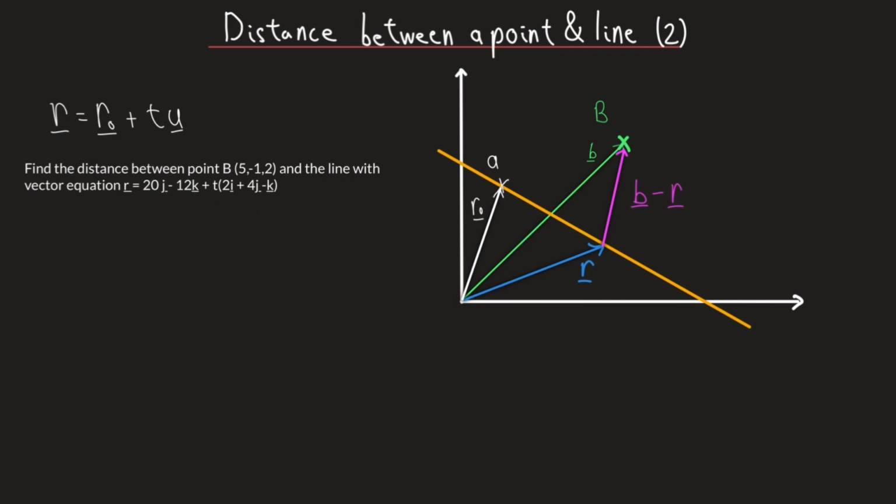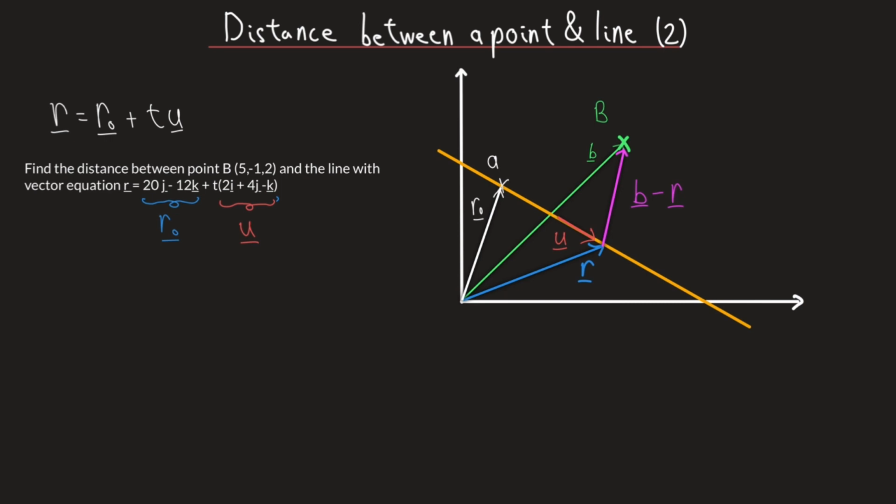So to emphasize, this represents r naught, and this represents the coordinates of u, our direction vector. I've drawn out the vector u, and what we realize is that for the difference vector b minus r to be perpendicular to our line, it needs to be perpendicular to the direction vector, because the direction vector is parallel to that line.